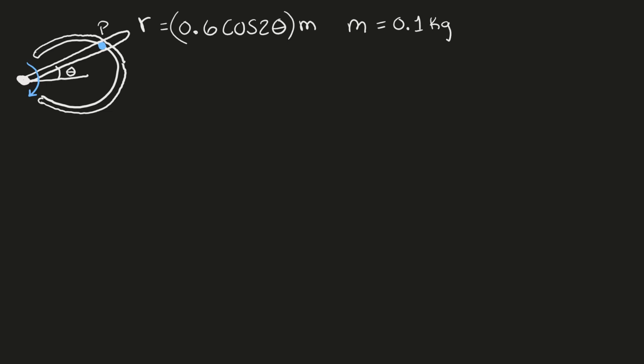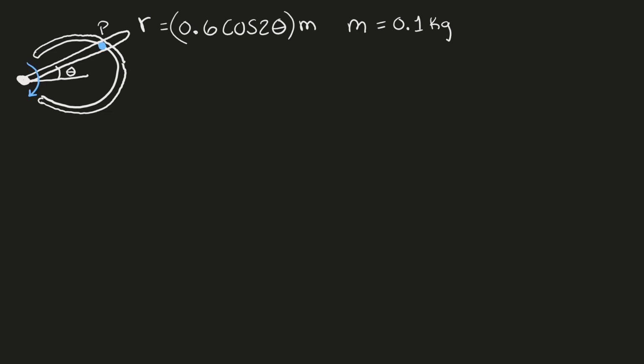I'll just read you the problem. It says 0.1 kilogram pin P is constrained to move in the smooth curved slot, which is defined by this equation here that I've written down.